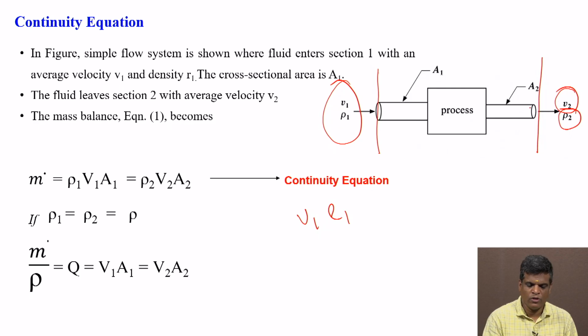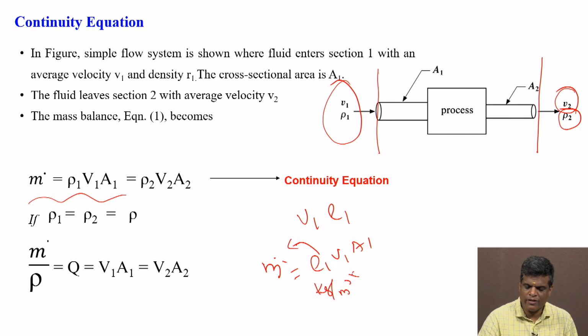This is the famous continuity equation: m dot equal to rho 1 V1 A1. Rho stands for density in kg per meter cube, V is velocity in meter per second, and A is the area in meter square. After solving we get kg per second, that is the mass flow rate.